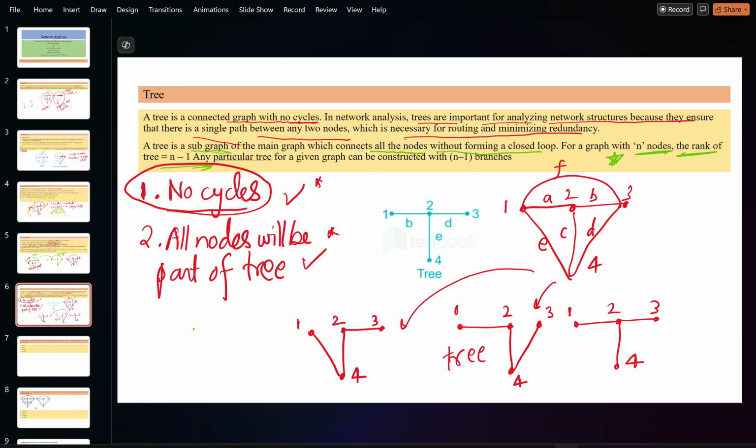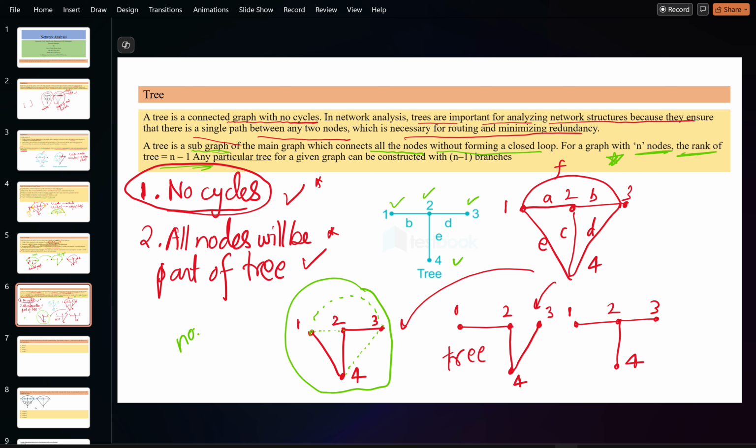Because if you see, suppose I am taking this as a graph and this as a tree. What branches are left? This is one branch, this is one branch, and this is one branch which was left. What was the original node formation? Suppose there were one, two, three, four nodes.